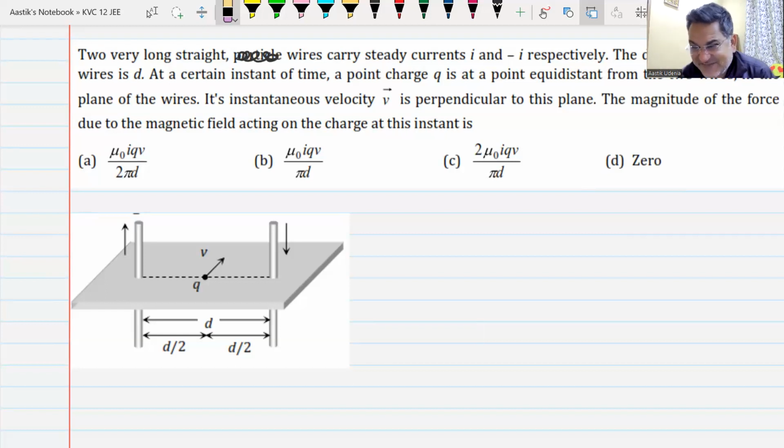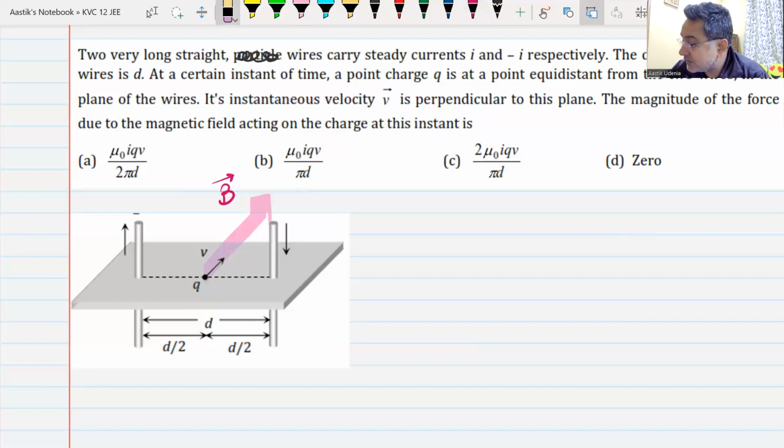But the magnetic field is in the same direction as velocity. That is why you read the question carefully.